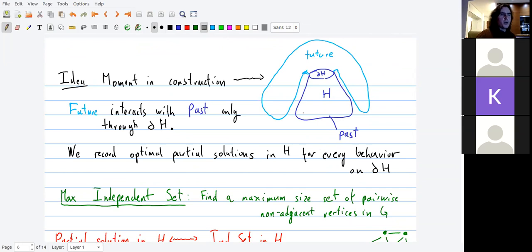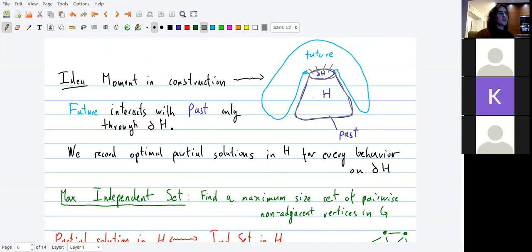When you think of constructing the graph as a bottom-up process that adds new vertices and merges parts of the graph, at every point I have already constructed some part of the graph, which is a subgraph H here, together with the boundary of H. And whatever happens later in the construction will interact with the subgraph constructed so far only through this boundary.